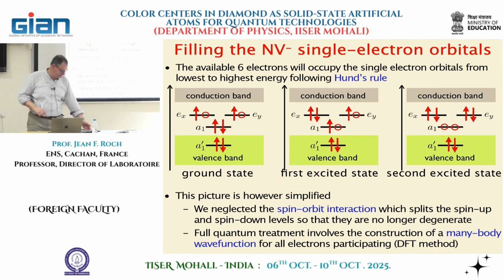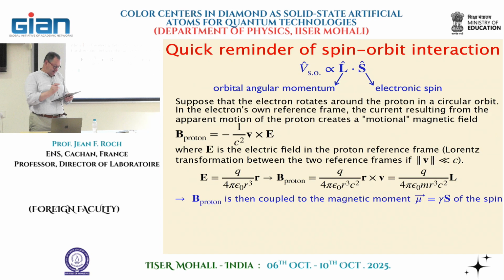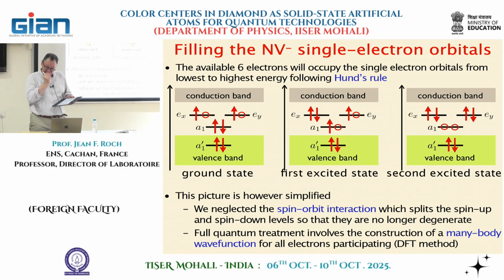So I fill the states. 1 here, 1 here. These electrons are in the valence band. They are somehow bound to the full crystal. I don't care about them. They cannot interact anymore. They are forgotten. And then there are 2 electrons on A1, and then 1 electron on AX and 1 electron on AY in these systems.